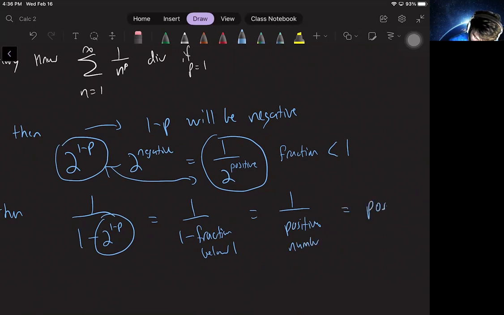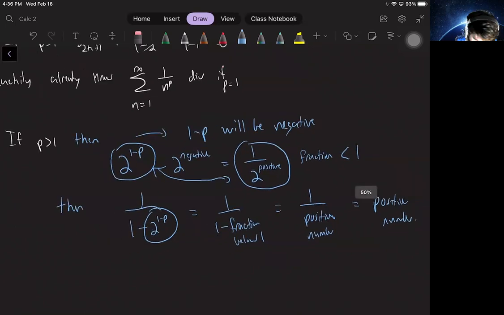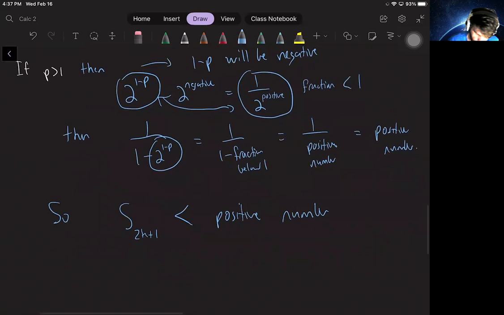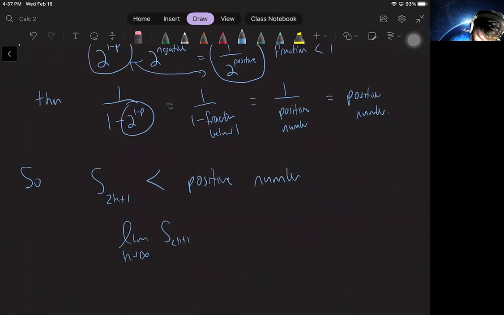So what that means is that S_{2k+1} is always going to be less than some positive number. And so when you take the limit as k goes to infinity, it won't go to infinity because it's bounded by this positive number that we don't know what it actually is. It just depends on what p is.